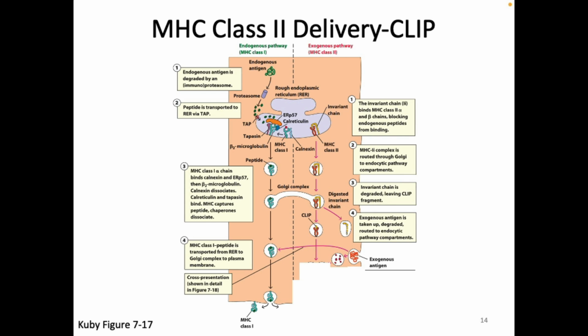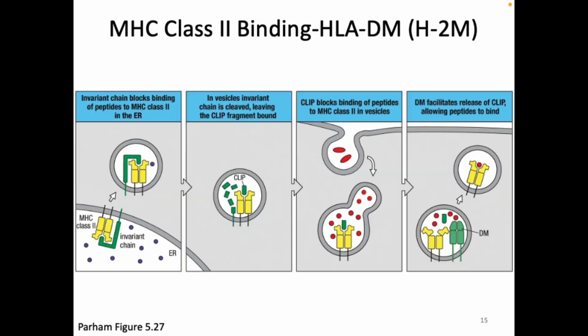But the idea is actually that HLA-DM bumps into class 2 and CLIP and tries to knock the peptide out. It is actually a physical force thing. And so what you'll see happening is that MHC Class II is biosynthesized with invariant chain.